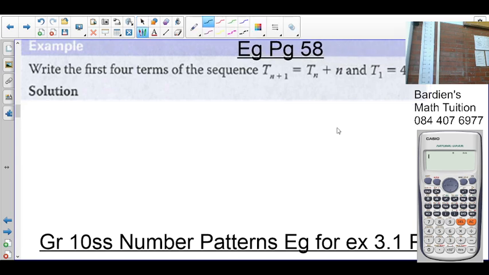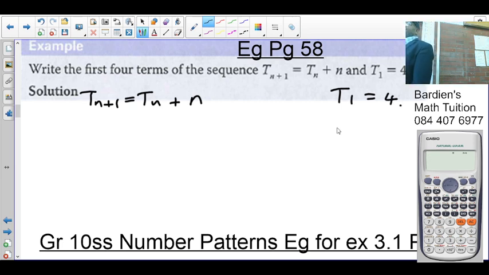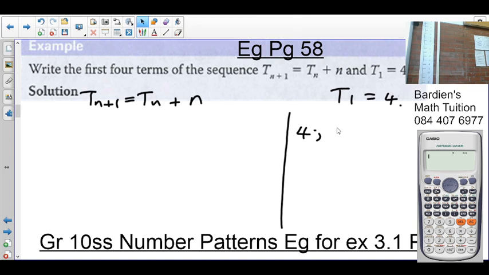Okay. So here we are told that Tn plus 1 is equal to Tn plus n, and T1 is 4. So if you look at the first 4 terms, what's the first term? 4. They already gave us the first term. Now if n is equal to 1 for this formula here, then wherever I see an n, I put a 1.